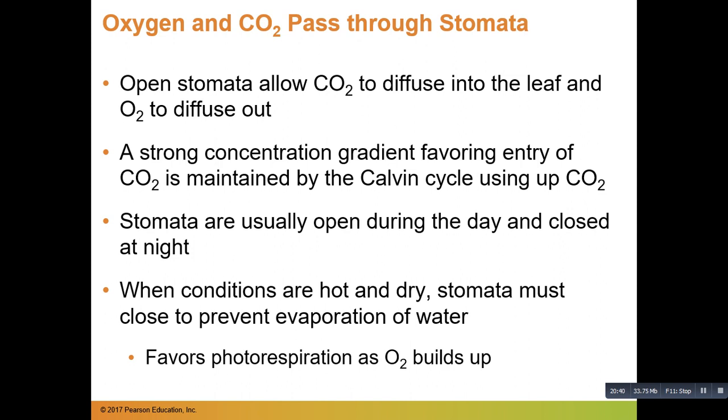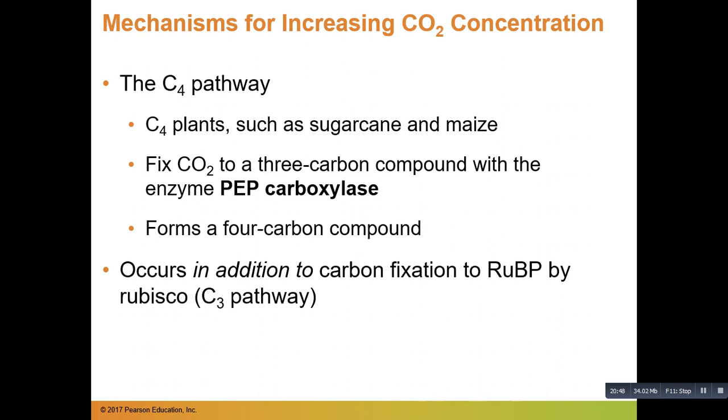To combat this, plants have adapted, or God has given plants the ability to have the C4 pathway. So with C4 plants, these are going to be things such as sugarcane and maize.